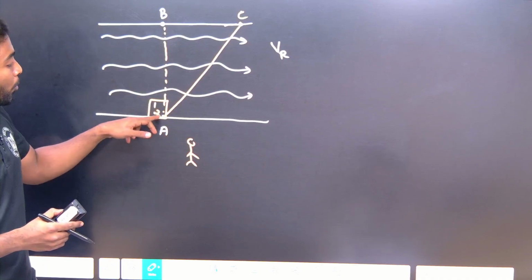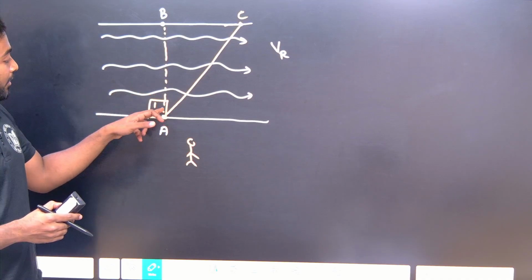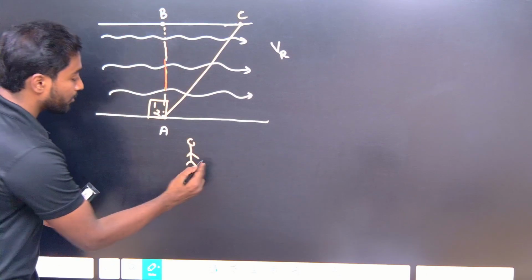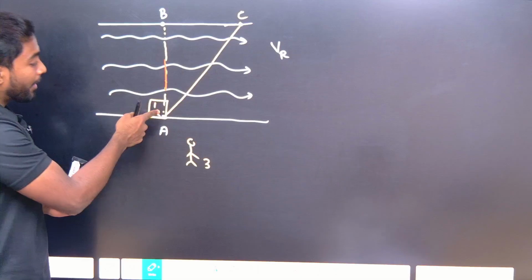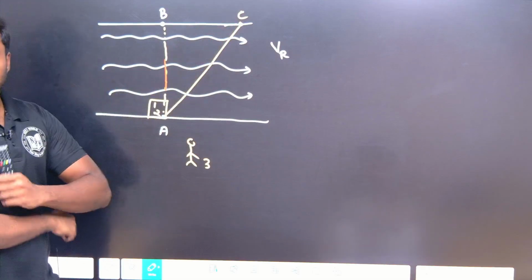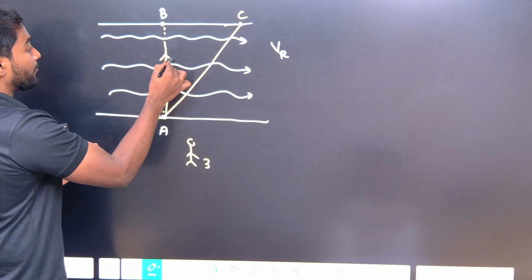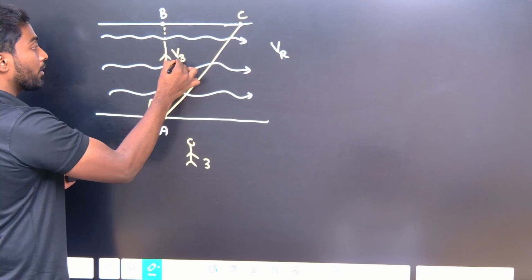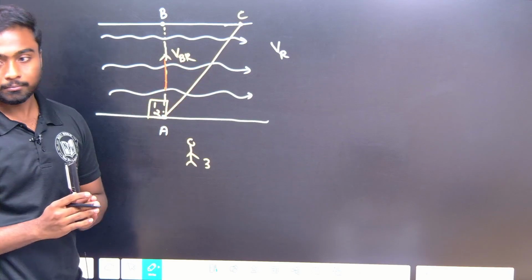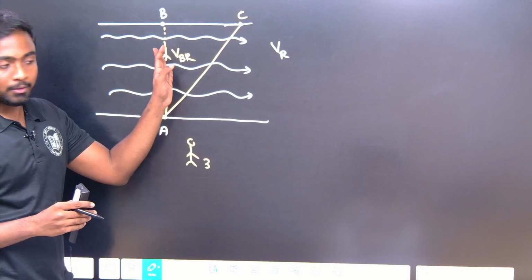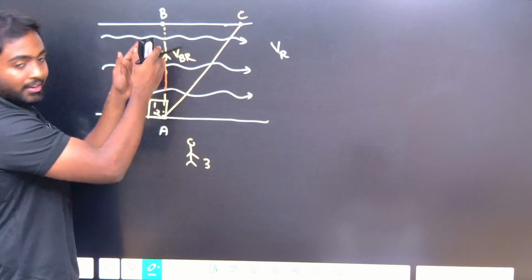When 2 is seeing 1, they think they are going in a straight line. But when person 3 is seeing the boat, it is going in this direction. This is the velocity of the boat with respect to the river, since the boat is in the river. So they think they are going in a straight direction.